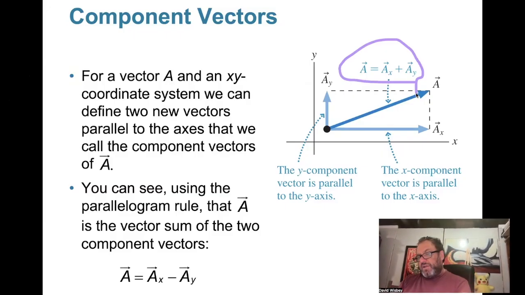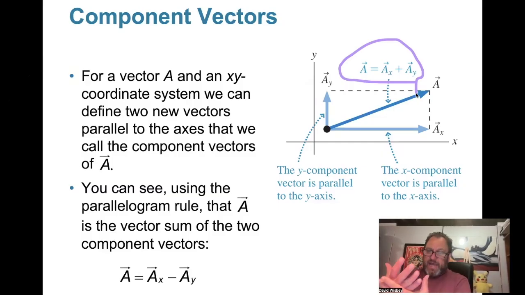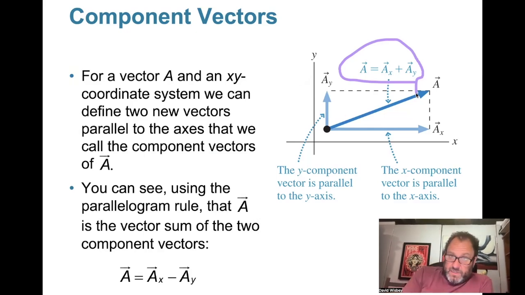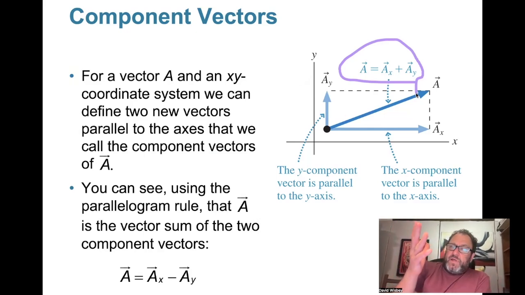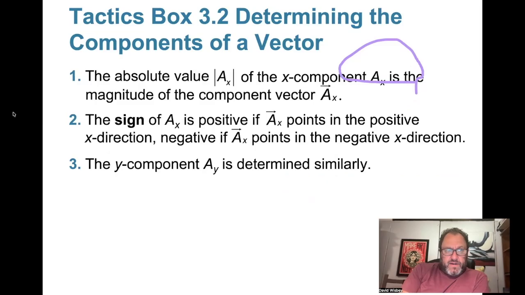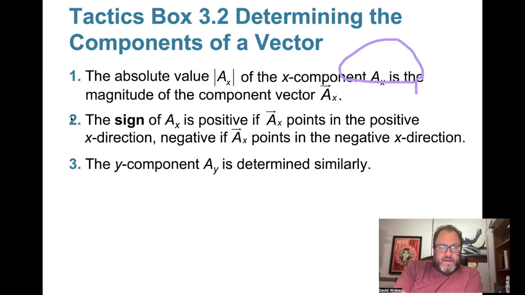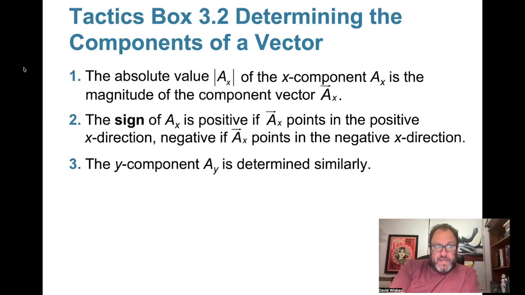If we add it to another vector, then we just add the x component to the x component and the y component to the y component. That gives us our new vector. And x and y are always perpendicular to each other. So if you want to find the magnitude, you just use the Pythagorean theorem. Okay, so let's go on here.